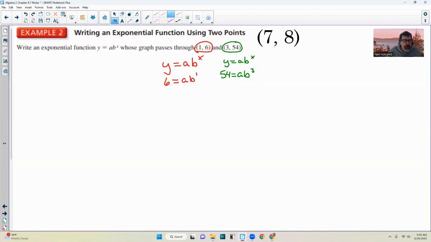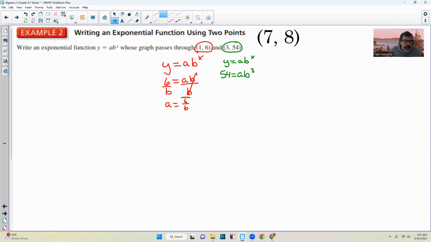All right, so then you want to come back to the first equation and solve for a. You want to get a by itself. So in order to solve for a, you're going to divide by b. Well, b to the 1 is just simply b, so it's going to be 6 divided by b, and these cancel. And we get a equals 6 over b.